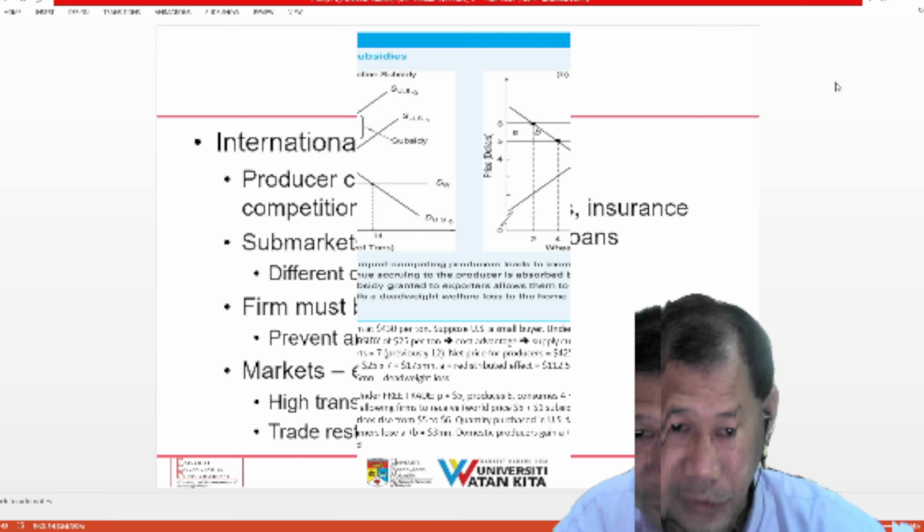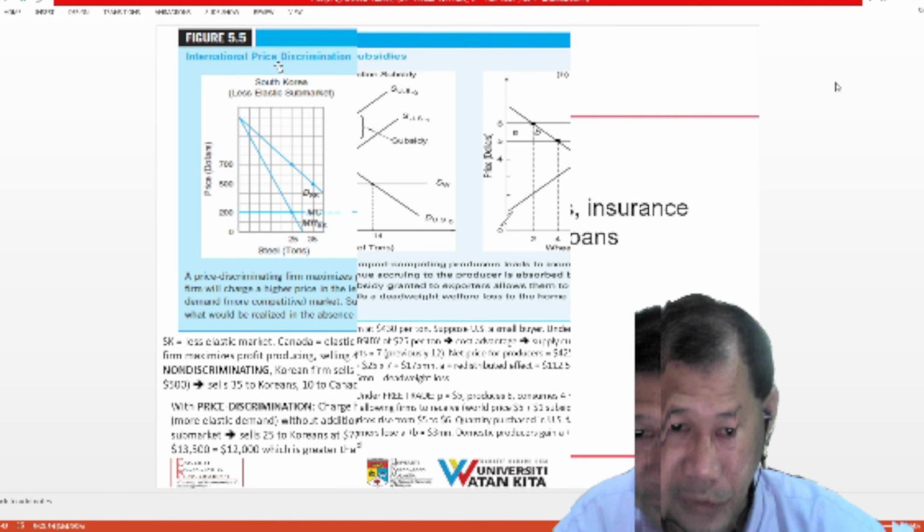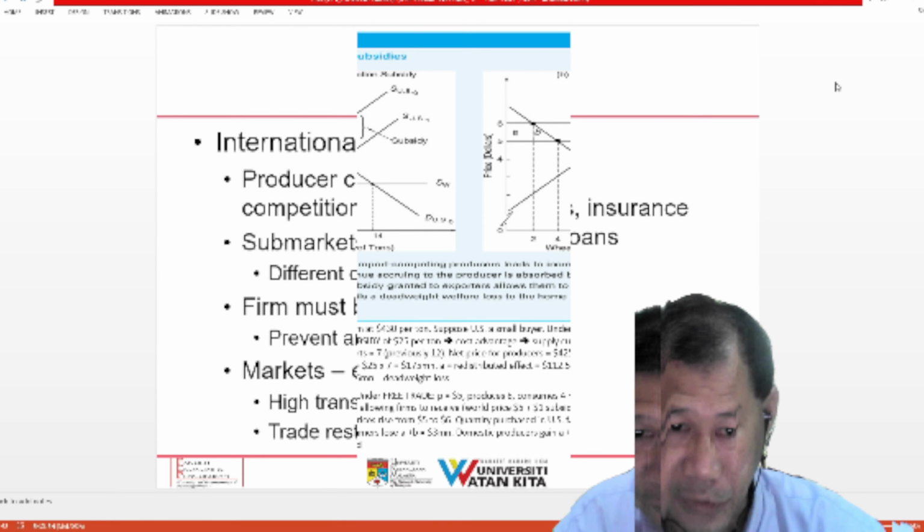Submarkets demand: here is the total market of steel, with 2 countries, sub-market South Korea and another sub-market Canada. Sub-market demand conditions must differ, with different demand elasticities. The firm must be able to separate sub-markets and prevent arbitrage, the resale of goods at higher prices. Markets are easier to separate internationally, given higher transportation costs and trade restrictions.